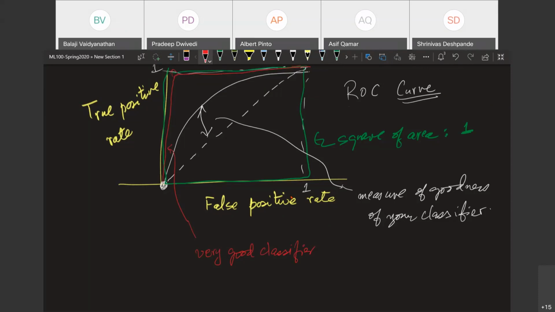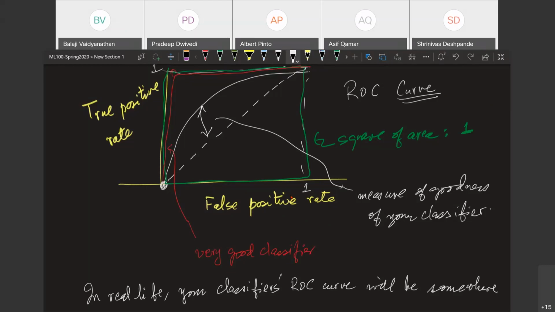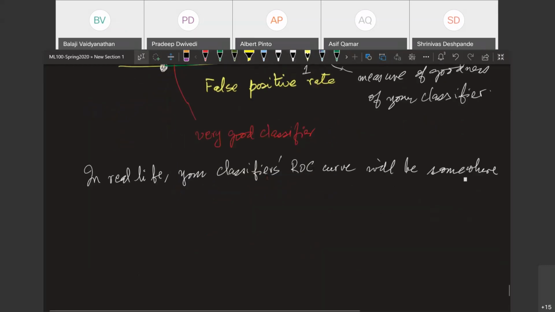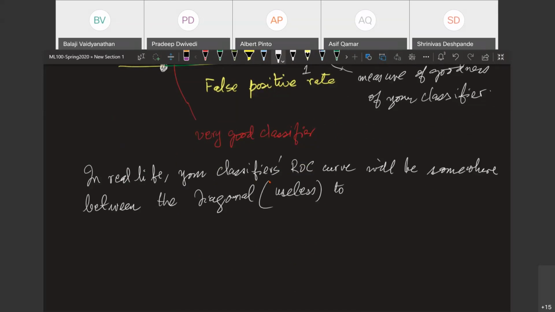Now, usually what happens, practically in real life, is your classifier's ROC curve will be somewhere between the diagonal, which is the useless one, and the red ROC curve.